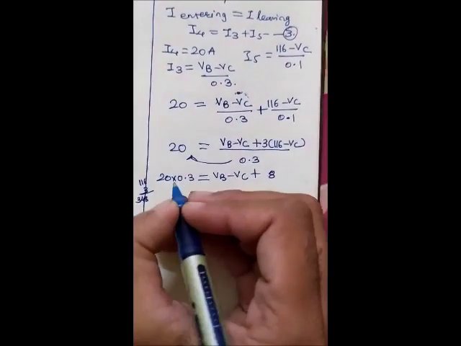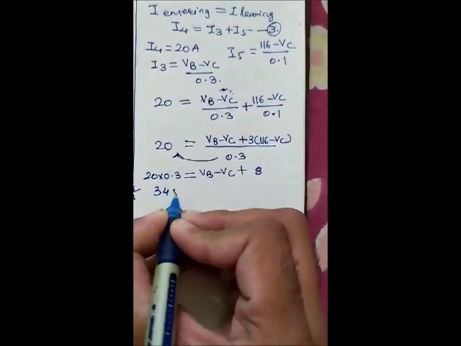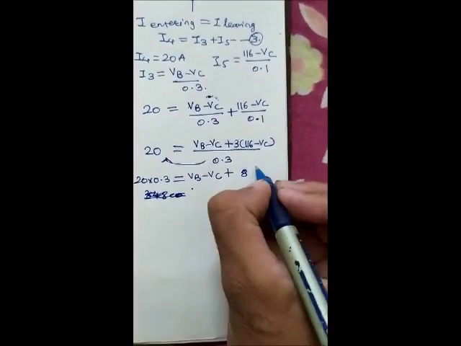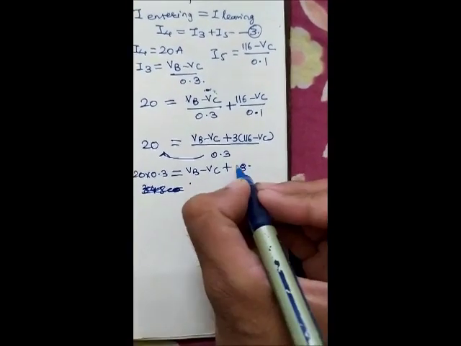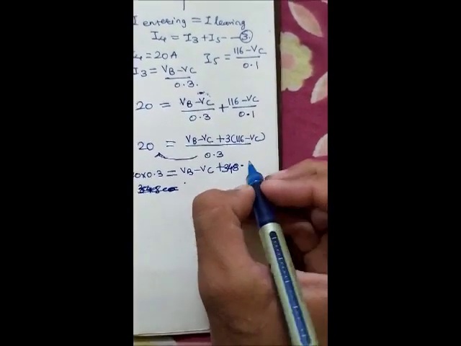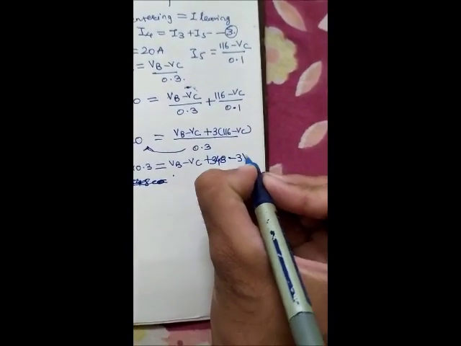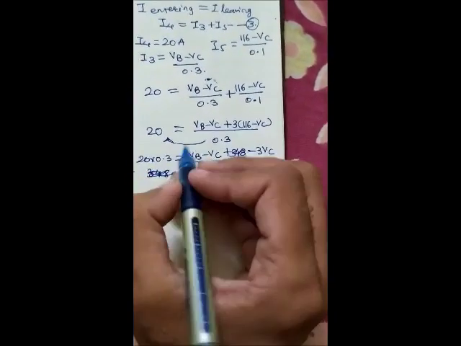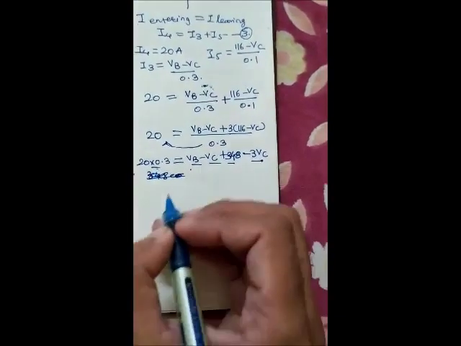Okay, doing this multiplication, I will get 348. That is 3 into 116 is 348 minus 3 VC. So VB, VC terms will be on one side and the real terms on the other side.